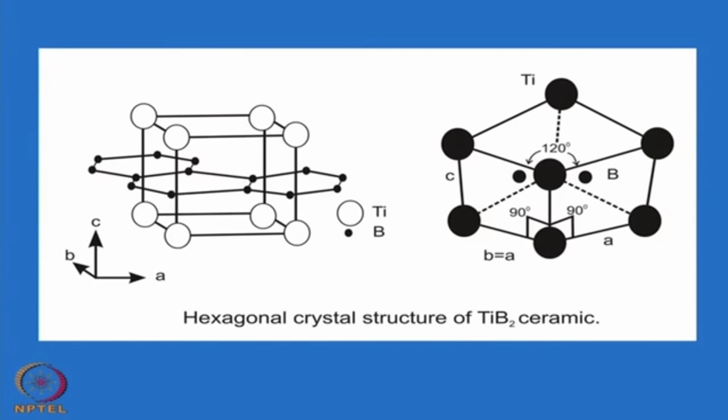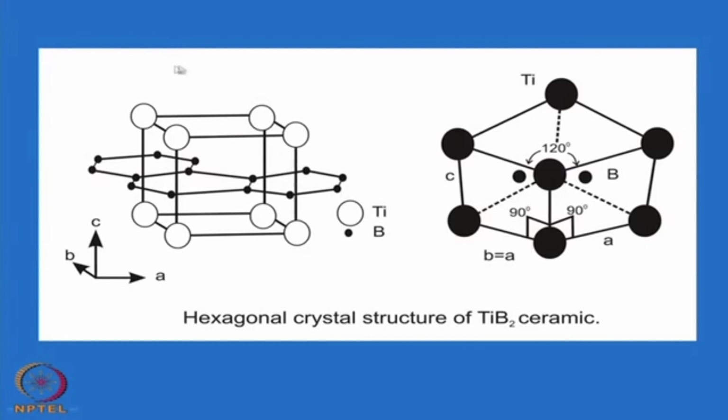And so, the ionic sizes are also of a different nature. In titanates, titanium is a much smaller ion compared to oxygen, and here you find that boron is still finer, still smaller compared to titanium.